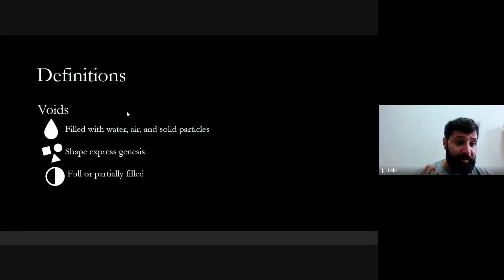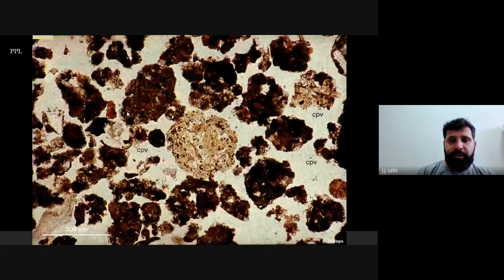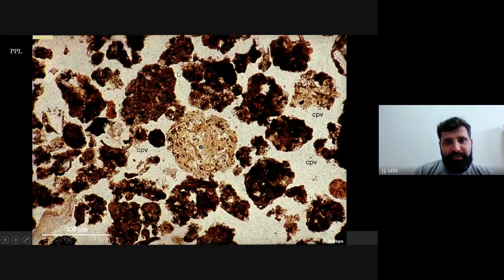So I can understand very easily the shape of the void, and when I describe the shape of the void, I can understand which process created those voids. The voids could be full, or they can be partially full. Okay. Here is an example where we can see this white color expressing the voids.